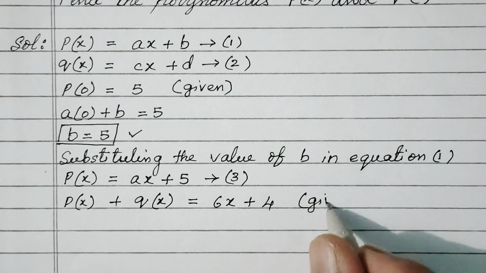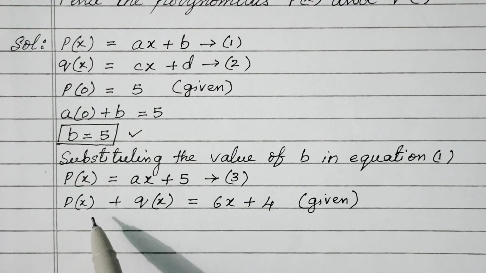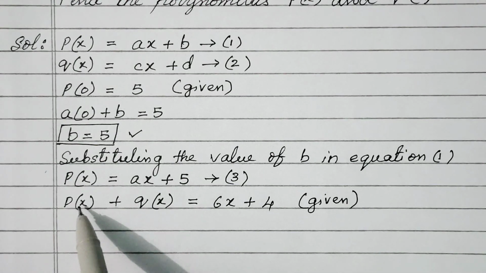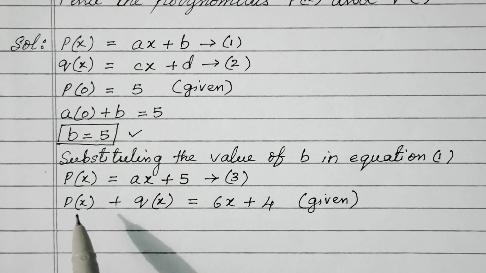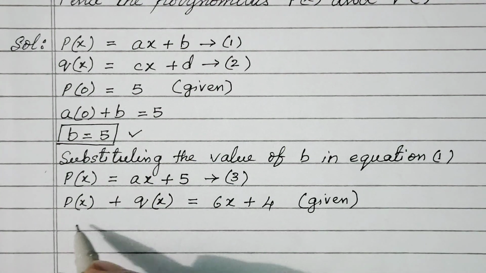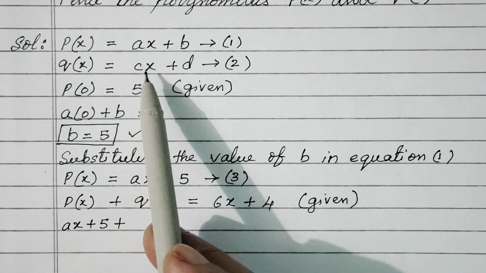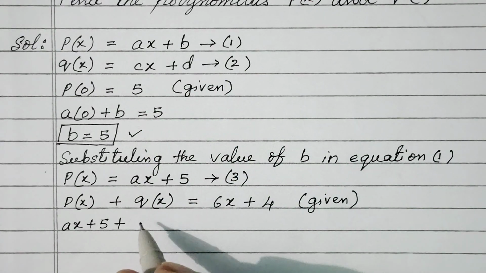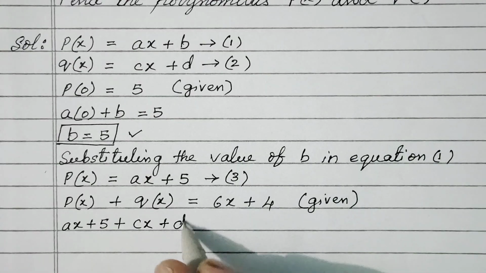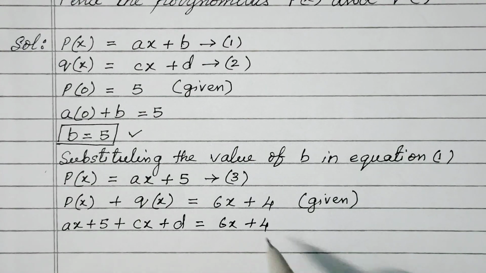So we will put the value of p(x). We have found p(x) to be ax plus 5. So ax plus 5 plus q(x), which is cx plus d, is equal to 6x plus 4.